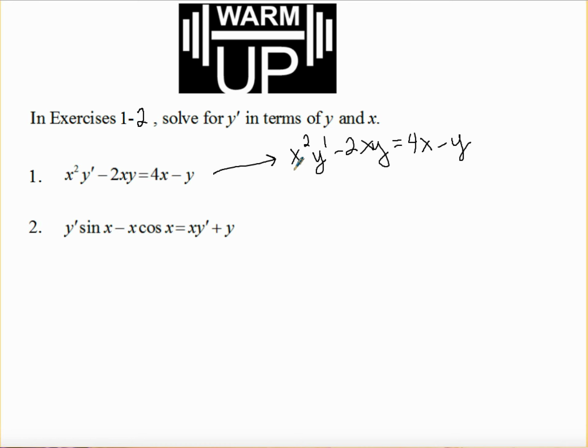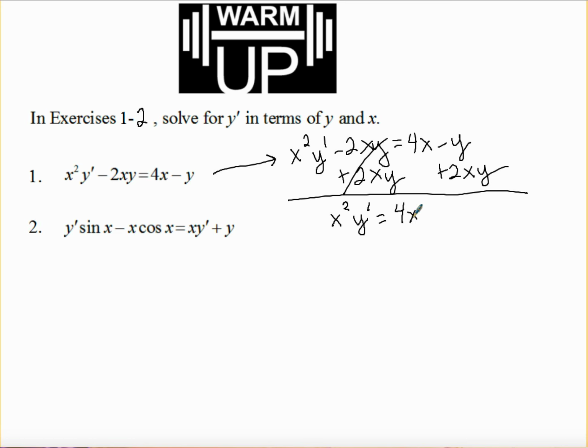Well, that's easy. I'm going to add 2xy over to the other side. So I've got x squared y prime is equal to 4x minus y plus 2xy. Now the only thing stopping y prime from being alone is this x squared, which is multiplying it.